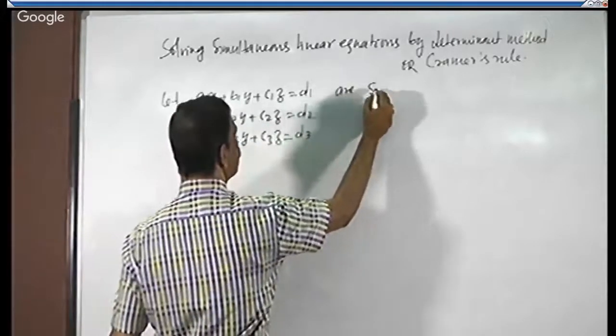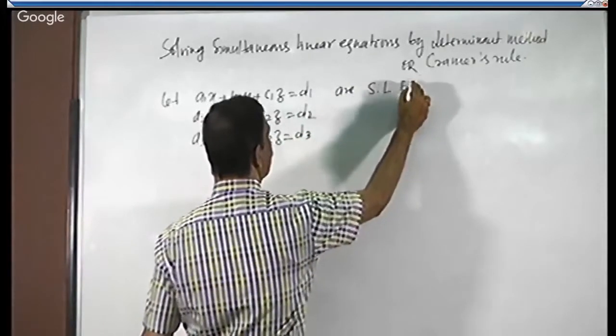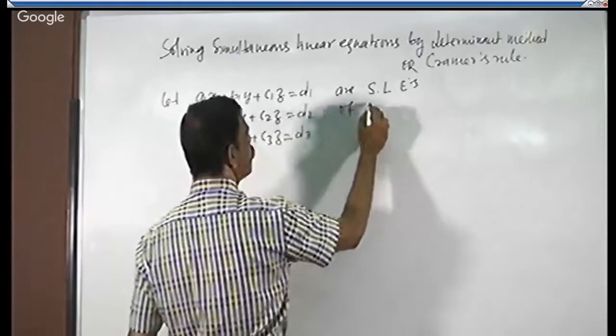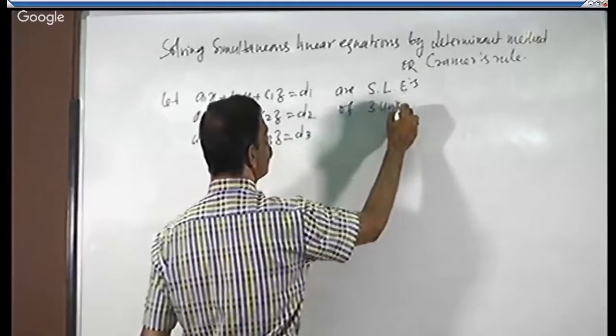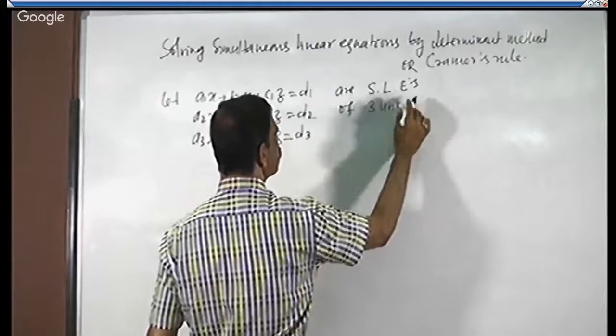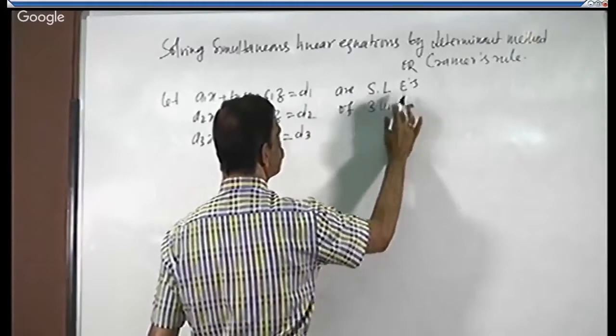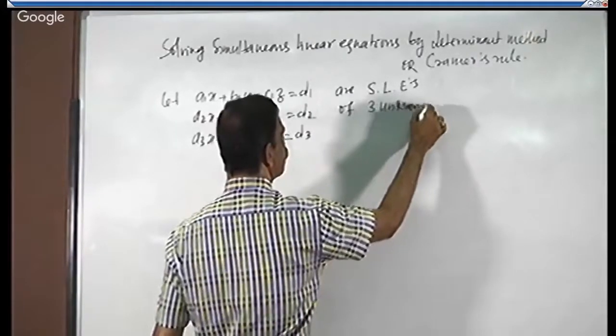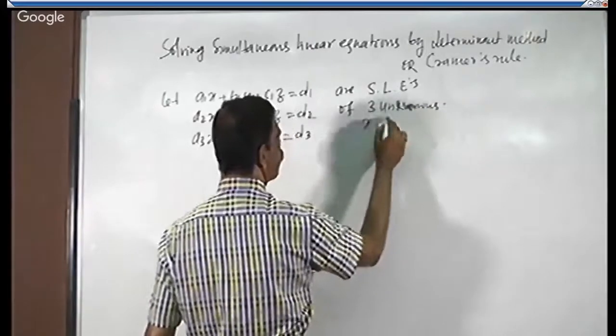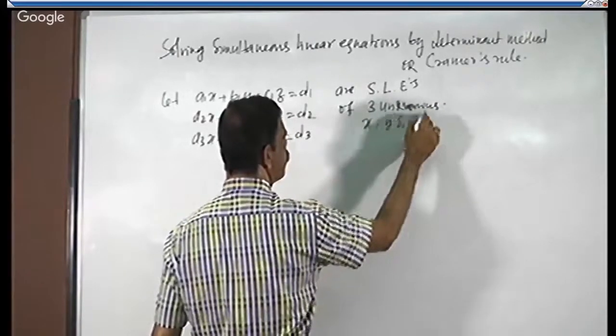Or simultaneous linear equations of 3 unknowns. Which are unknowns here? X, Y, and Z.